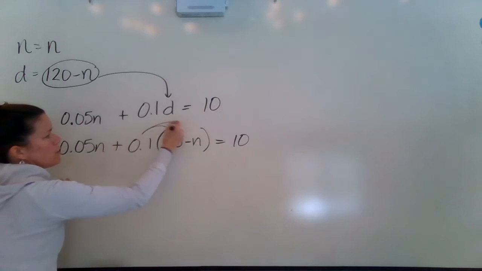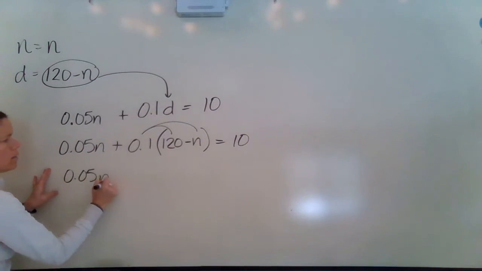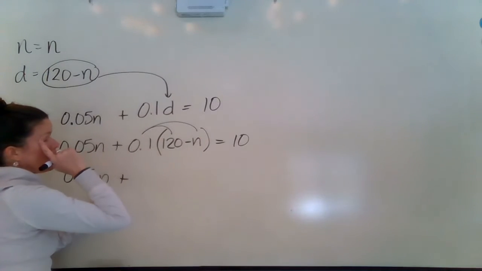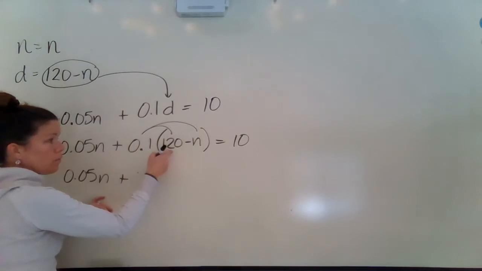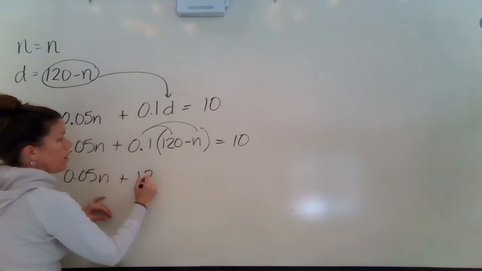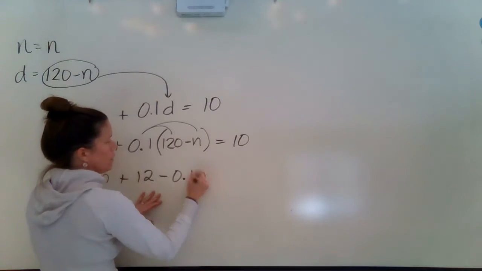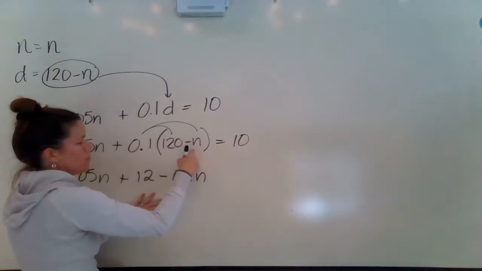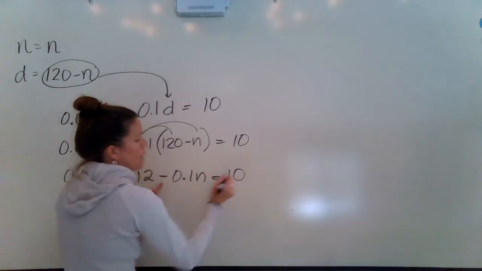We need to distribute this. So let's keep 0.05 n plus 0.1 times 120, which would be 1/10 of 120, which is 12, minus 0.1 n. 0.1 times negative n is negative 0.1 n, equals 10.